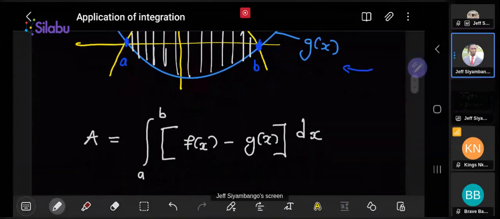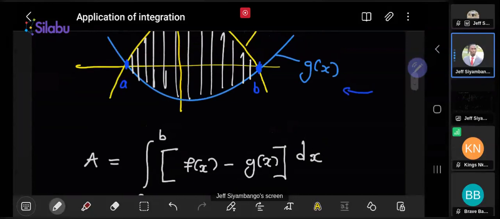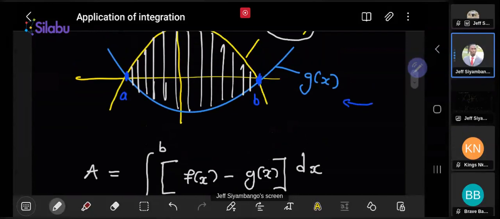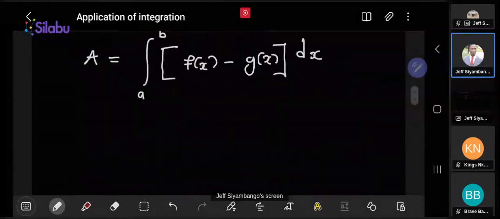So this is all we have to evaluate. In some cases, you'll notice that creating a simple sketch might help you understand exactly what you have to do. A simple sketch will always be helpful.